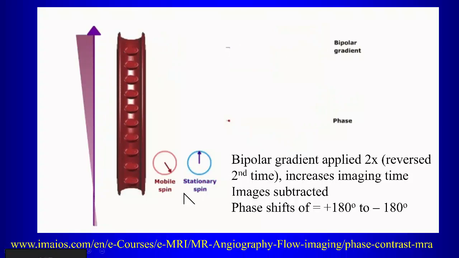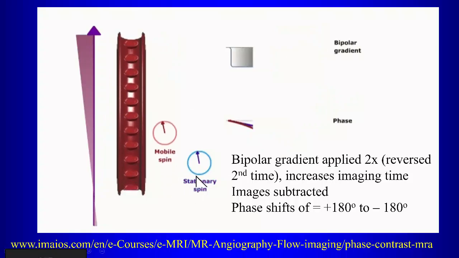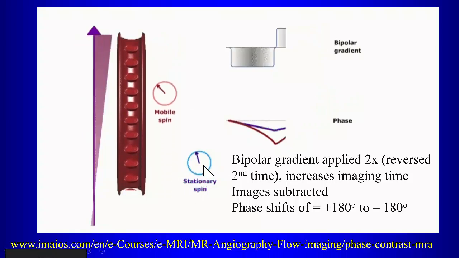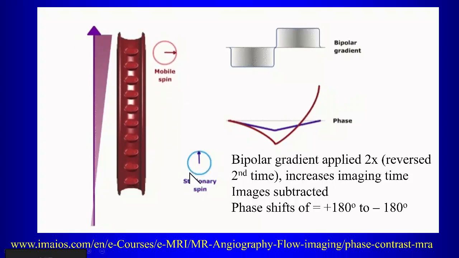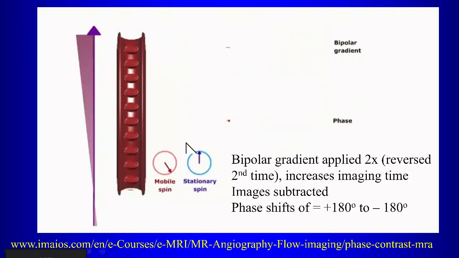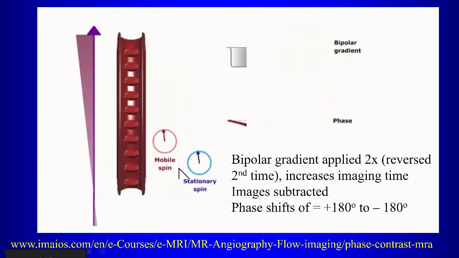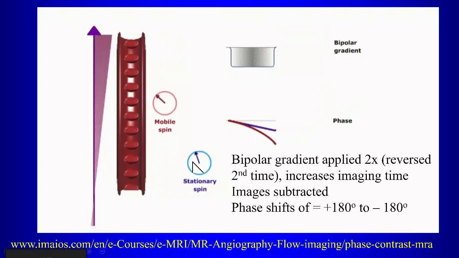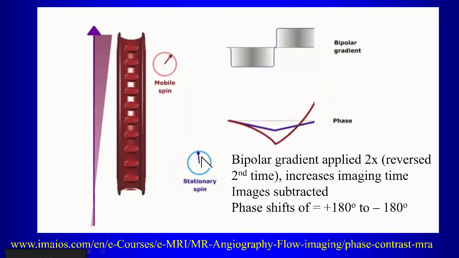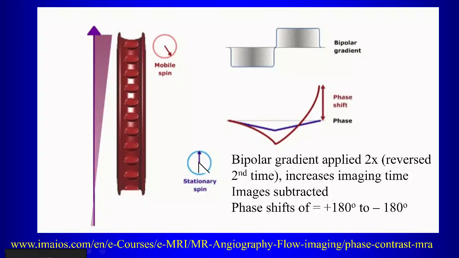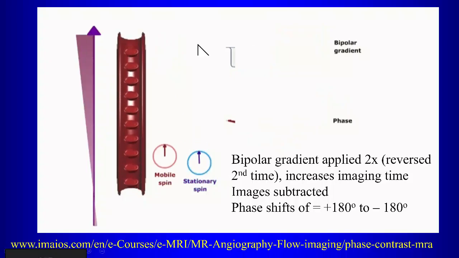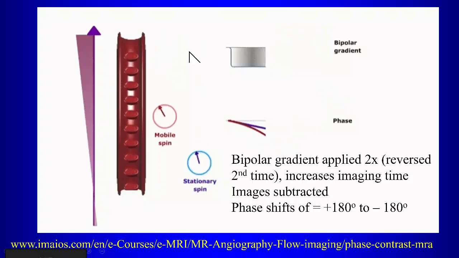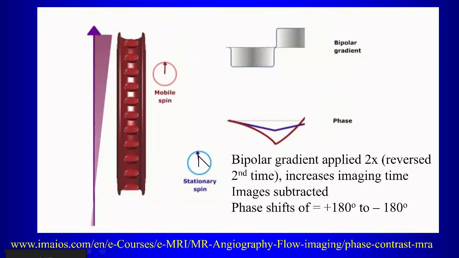So as we apply these gradients for the stationary spin, the gradients are applied in such a way that at the end of it, the stationary tissue, you'll see it starts to go out of phase, but then by the end, it is back to where it was in the beginning. So this stationary tissue, think of it as going all along the length of the patient here, okay?